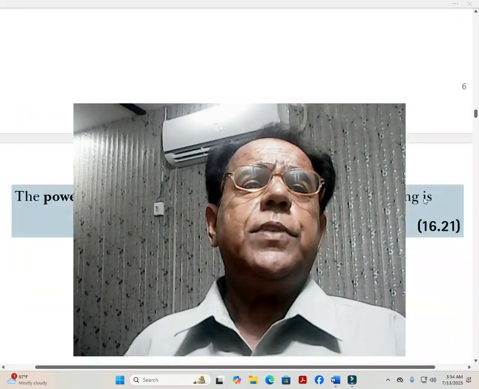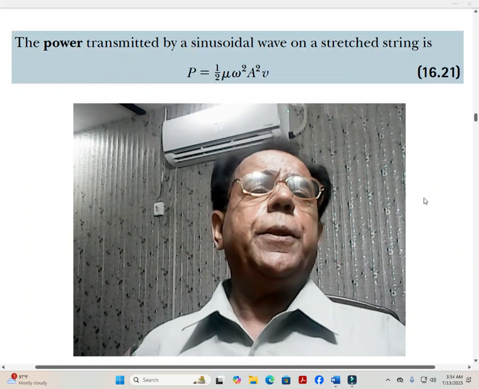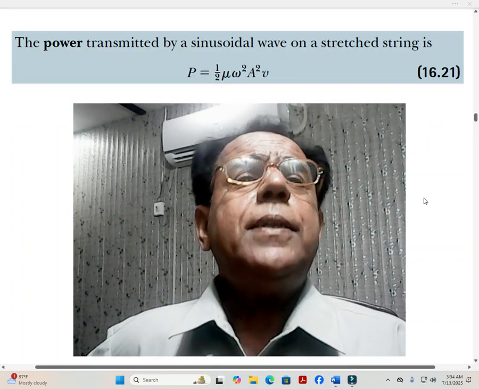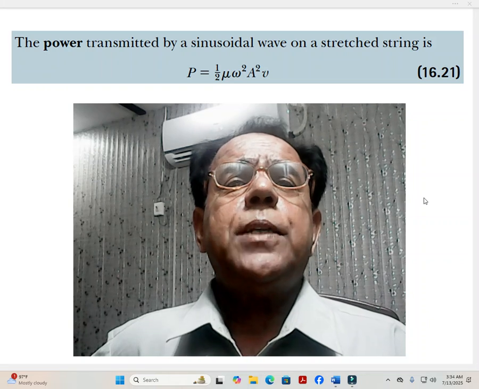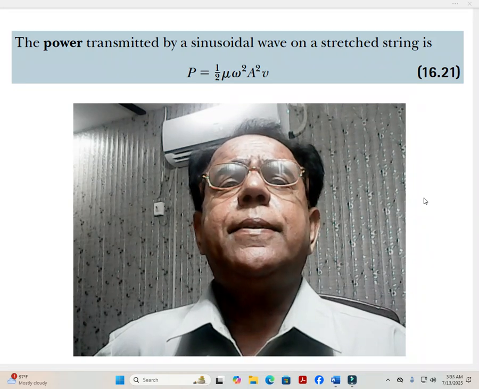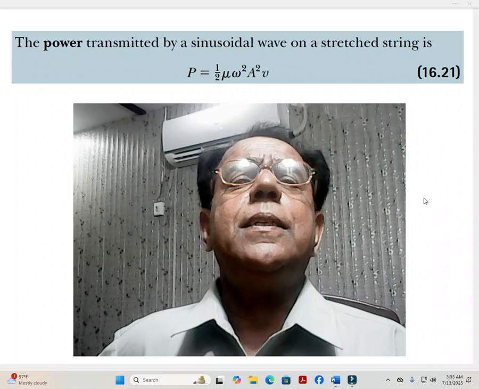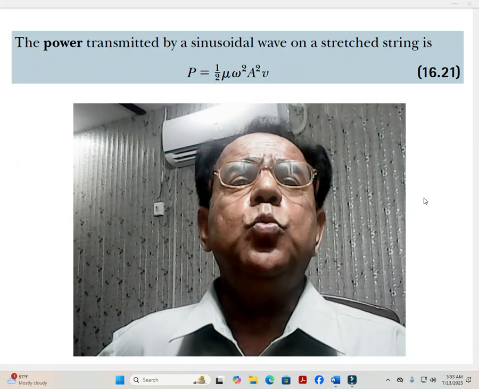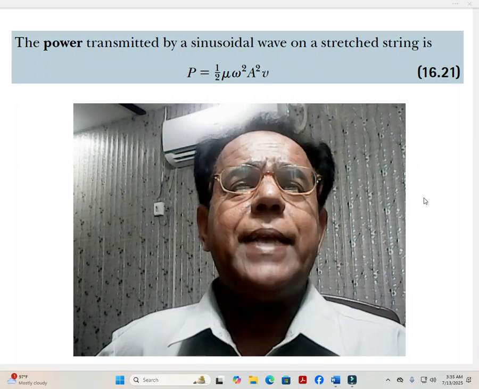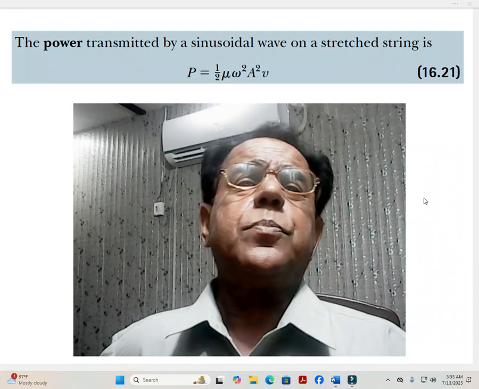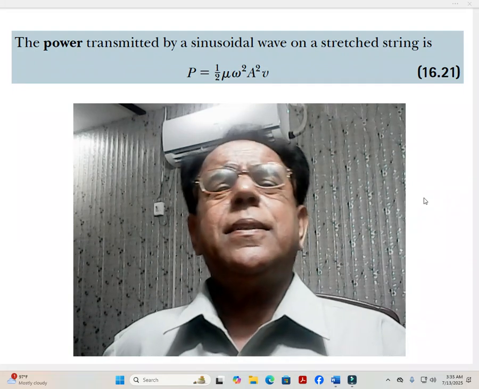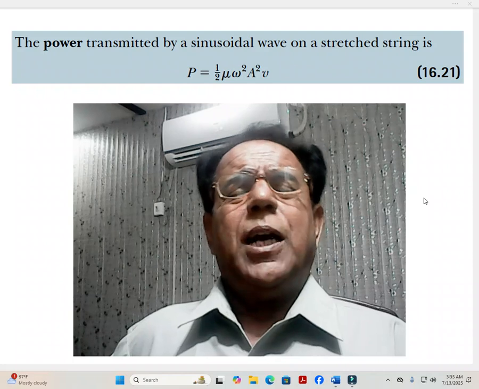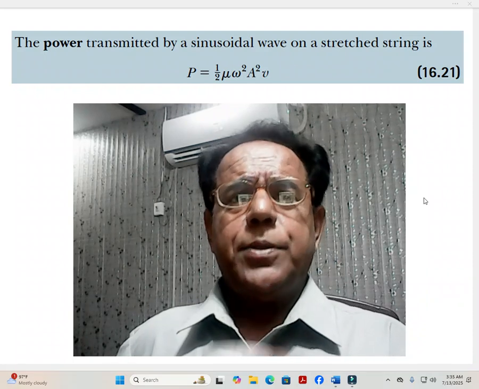Now dear students, we see another snapshot. The power transmitted by a sinusoidal wave on a stretched string is P equal to half mu omega square A square into v. This is almost a repetition of the above expression.